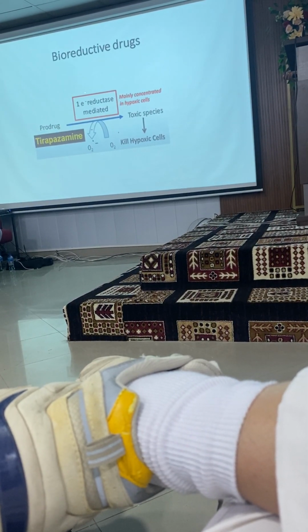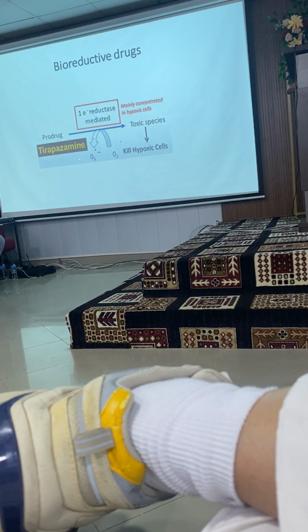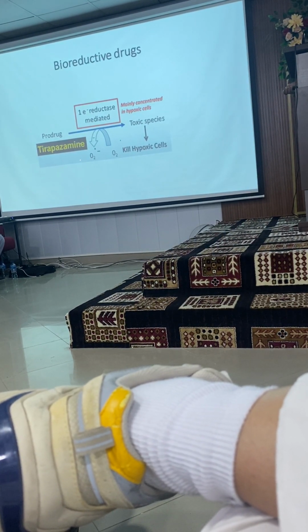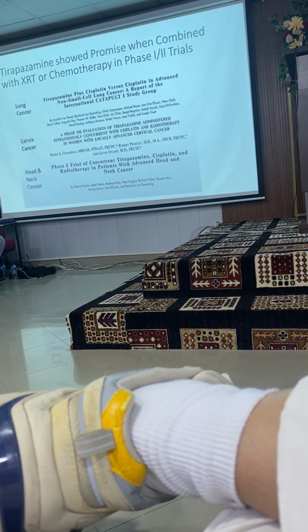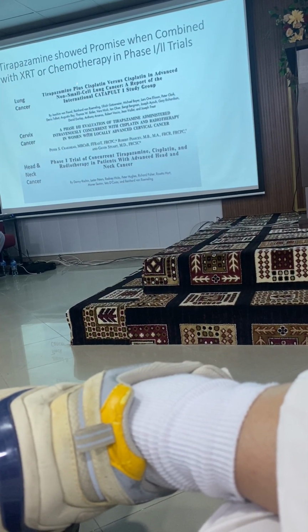The next one is bioreductive drugs. These drugs are themselves damaging to hypoxic cells, and tumor cells are hypoxic. Tirapazamine is a drug, and different phase 1 and 2 trials were done for different cancers which showed very good responses.